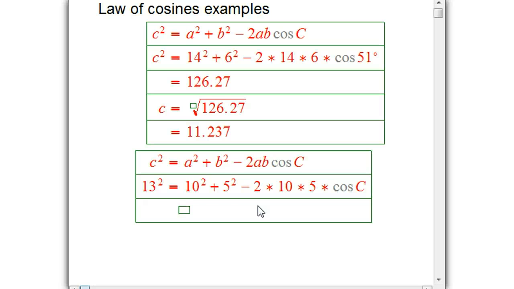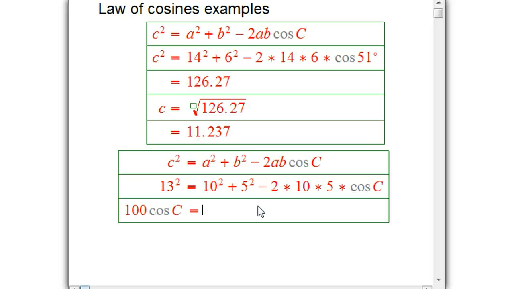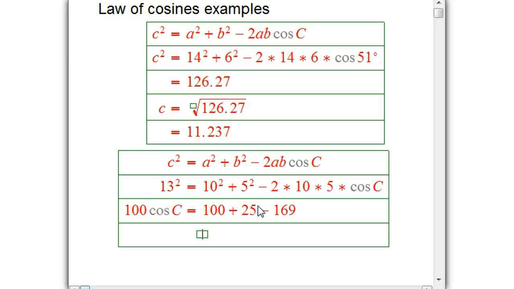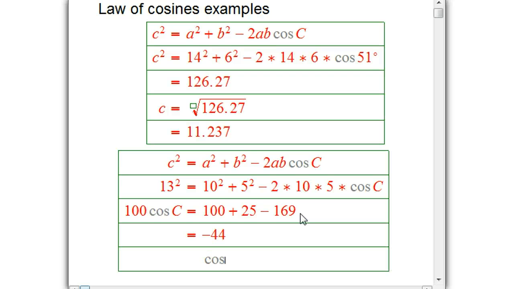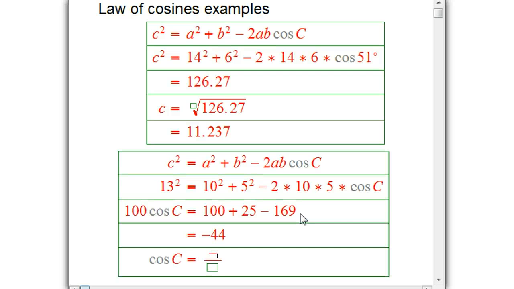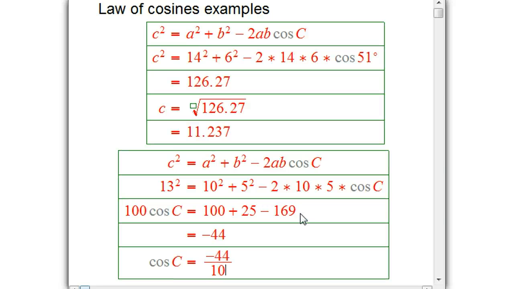So we're going to get 100 cosine C equals 100 plus 25 minus 169, equals minus, so 125 minus 44. And so cosine C equals minus 44 over 100. Conveniently enough, it's really easy to put into decimal.